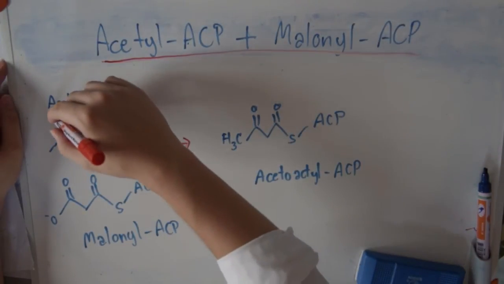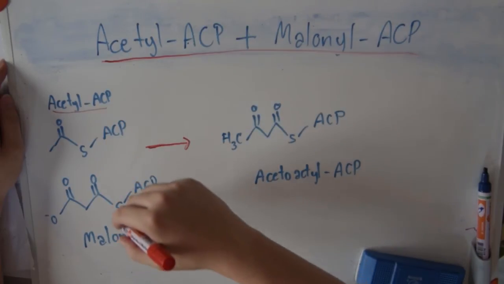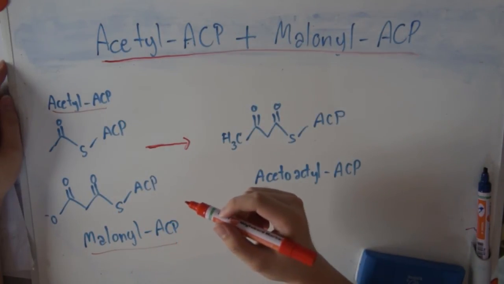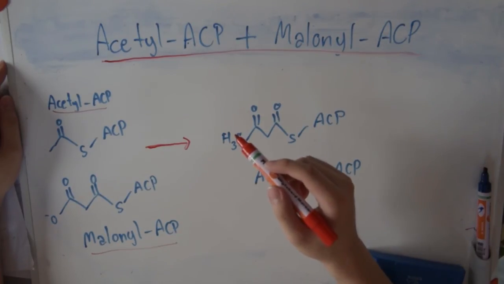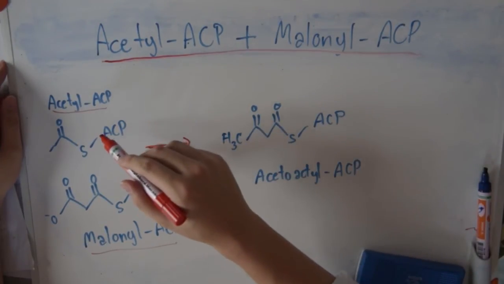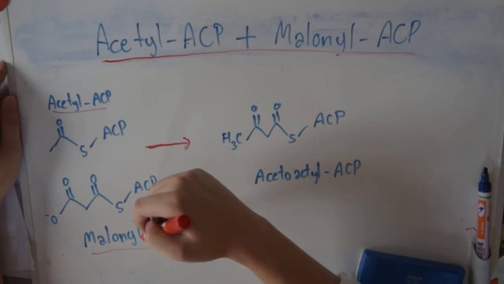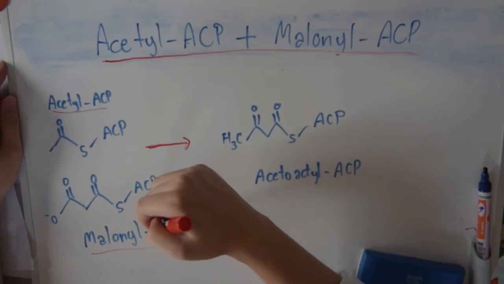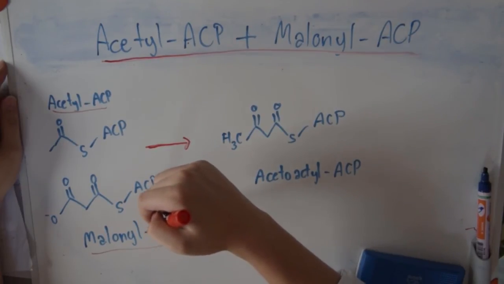Now we can combine the acetyl ACP with the malonyl ACP. In the malonyl coenzyme A pathway, the condensation step is the covalent linking of the acetyl ACP with the malonyl ACP.